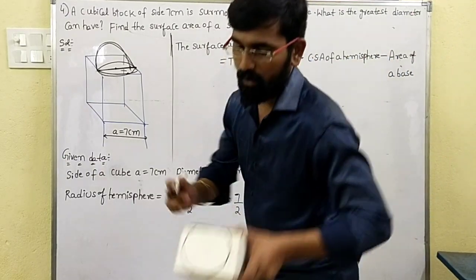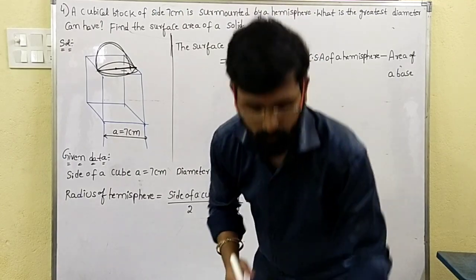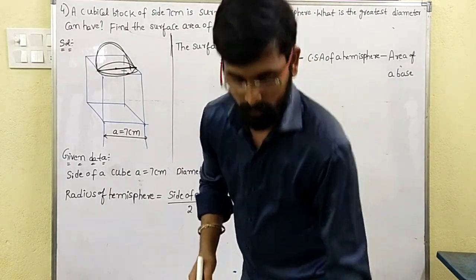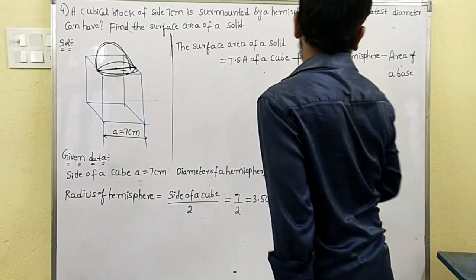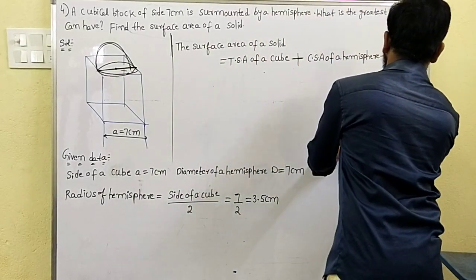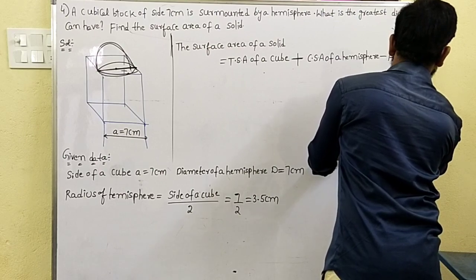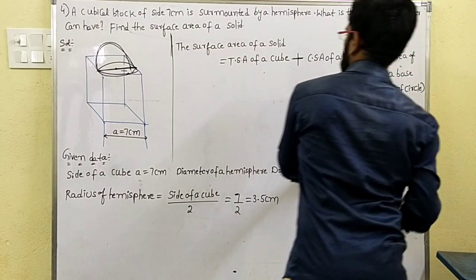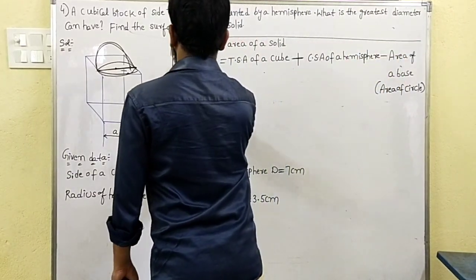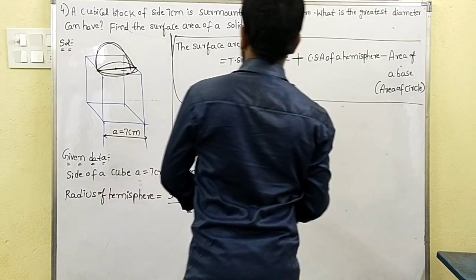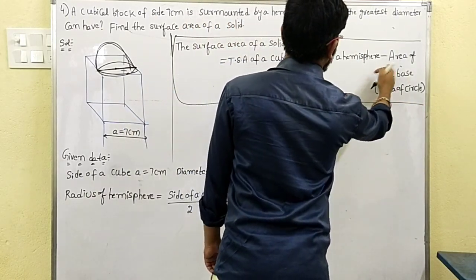The base is in the shape of a circle, so the area of the base is the area of a circle. So this is the formula.